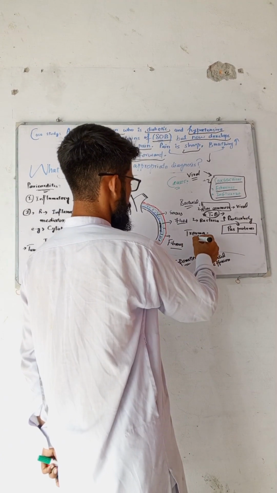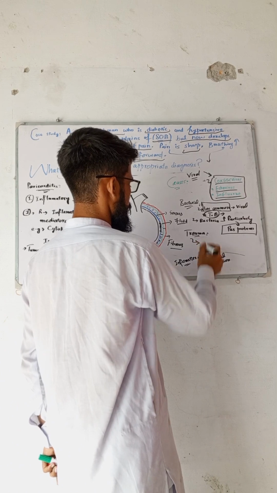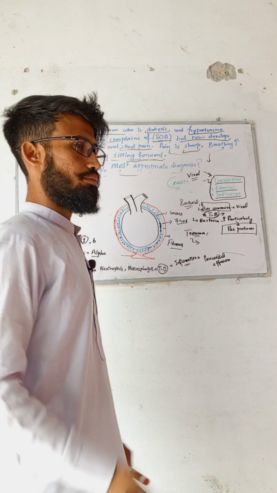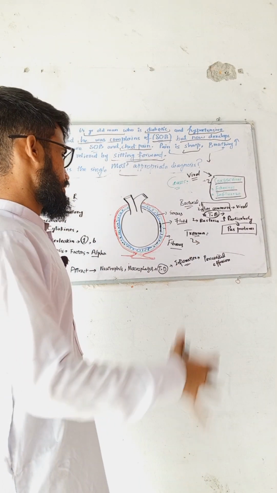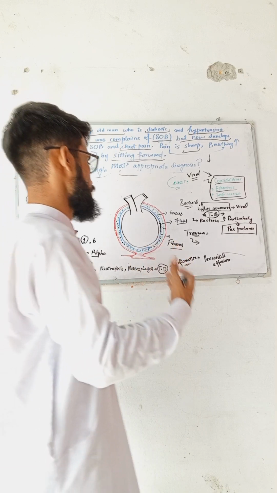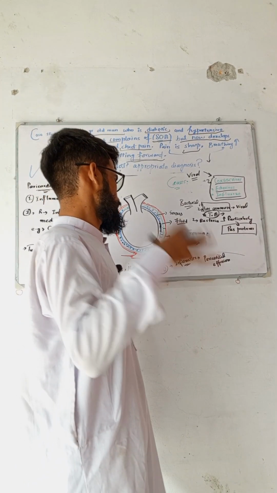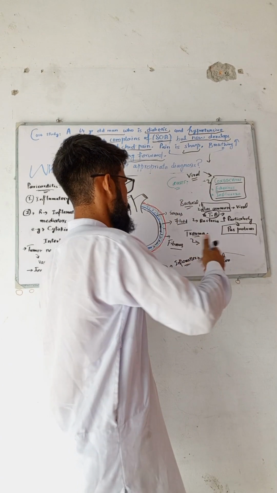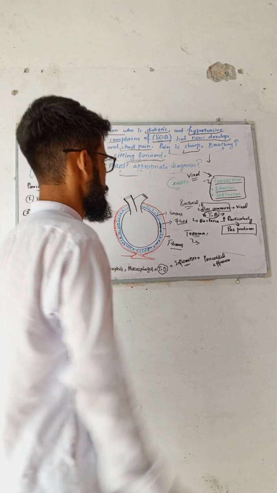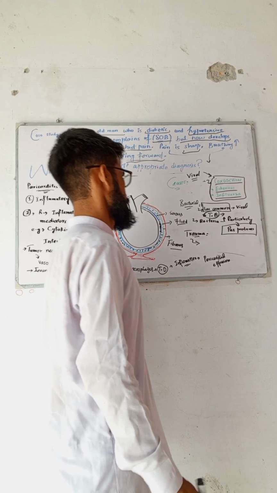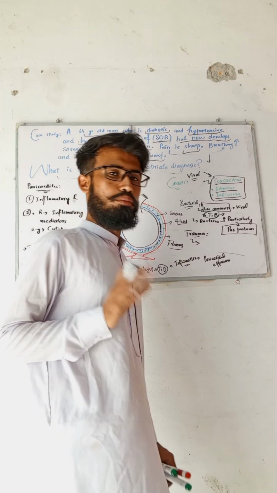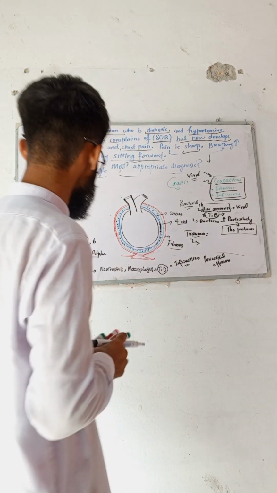And it can be due to trauma, during an accident, when hit by someone or something else, or directly by trauma, and there is inflammation of the pericardium. The inflammation of the pericardium is called pericarditis.